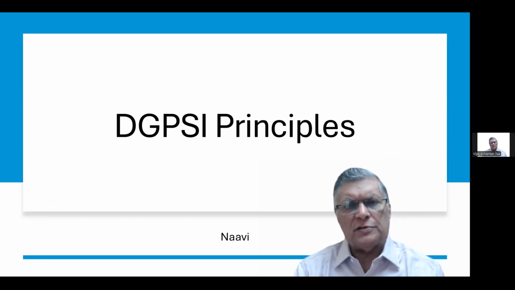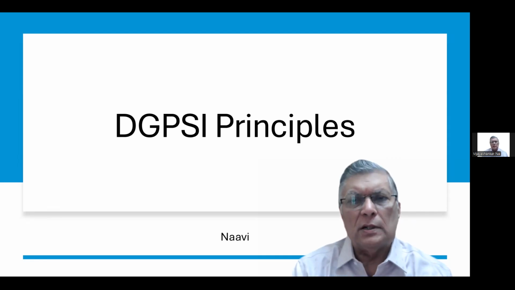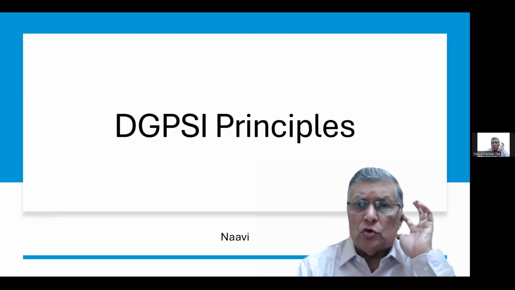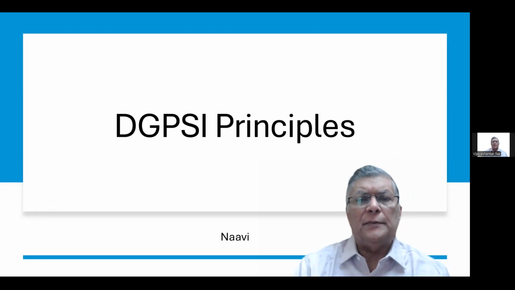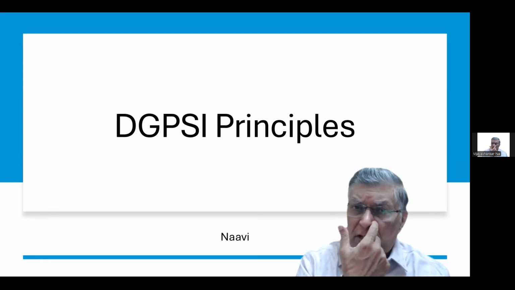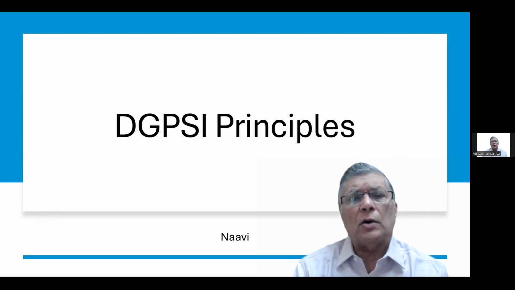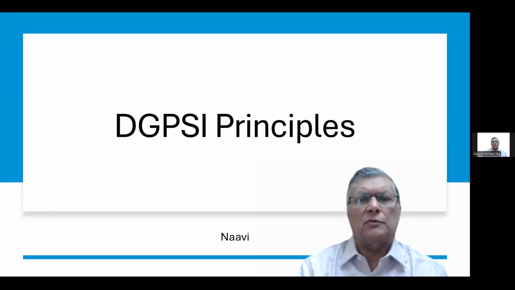Now, as we have emphasized several times, compliance to a law requires close association with what is provided in the law. And we cannot take too much liberty when we design the detailed implementation specifications. It has to actually meet the requirements of the law. Therefore, DGPSI Lite directly correlates with the different sections of the DPDPA 2023.